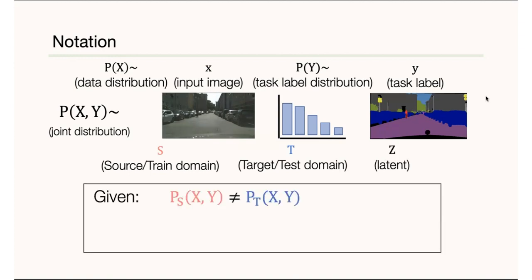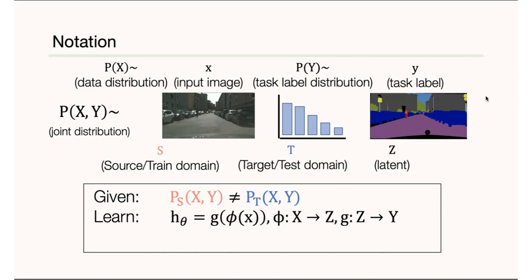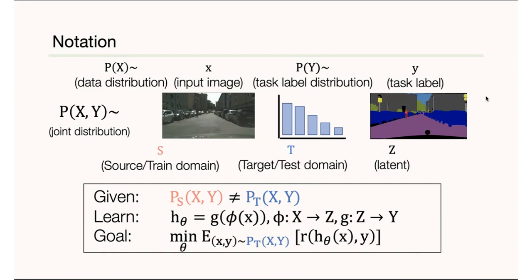All we're given is that these joint distributions may shift across the train and test domains. And we want to learn a model h parameterized by theta, which can be decomposed as a feature extractor phi and a classifier g that maps the input to the output. And our goal is to minimize the expected risk over held out target data, right? So we want to learn a model that can generalize as well as possible to held out data from the target domain.